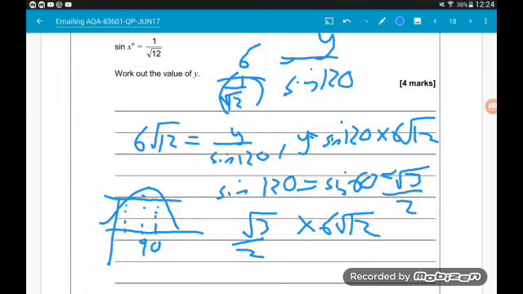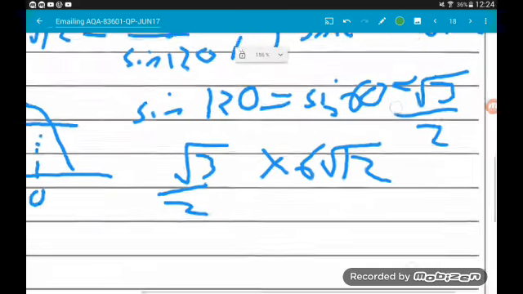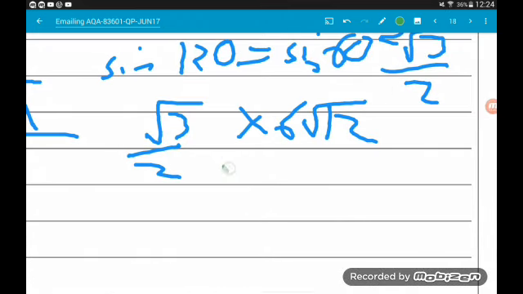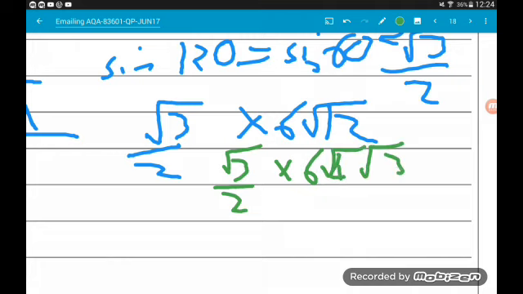Let's change colour because it's all blurring into one. Now we've just got some fun with surds. So we've got root 3 over 2 times 6, or root 12 is root 4 root 3. So times 6 root 4 root 3. So we've got root 3 over 2 times root 4 is 2. So we've got 6 times 2 root 3.